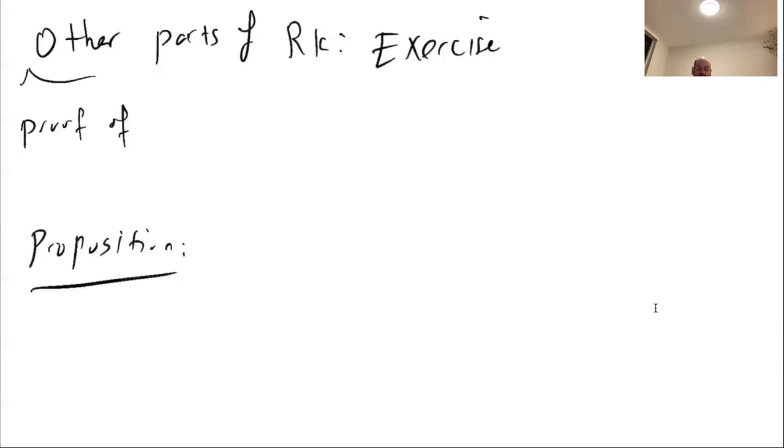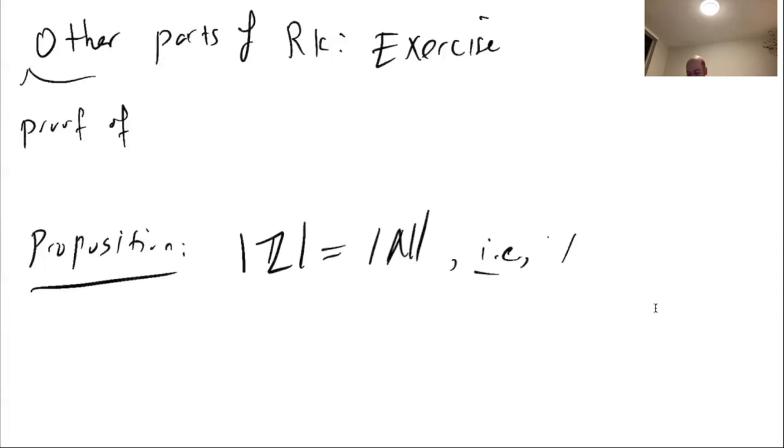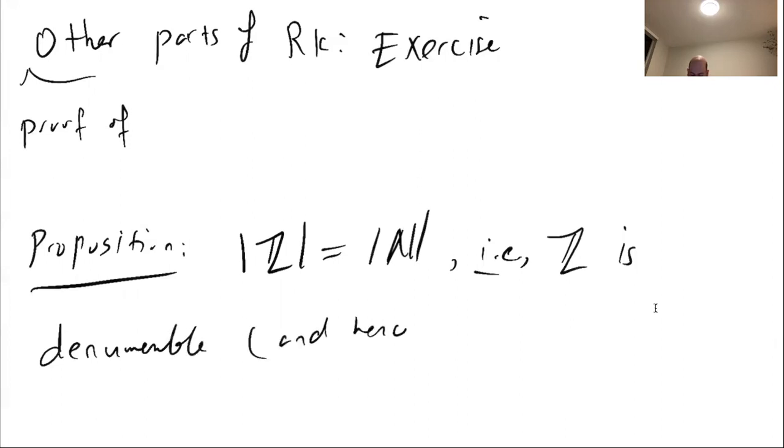The cardinality of Z is equal to the cardinality of N, i.e. Z is denumerable, and hence countable as well. Denumerable is always countable because countable means either finite or denumerable.